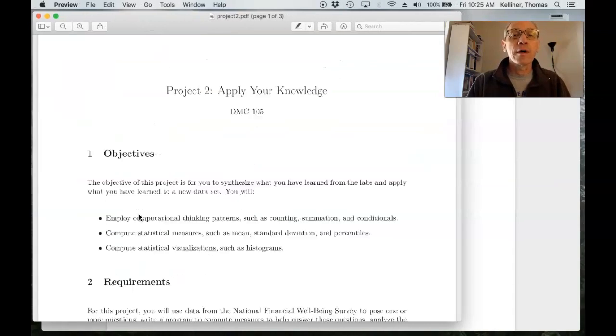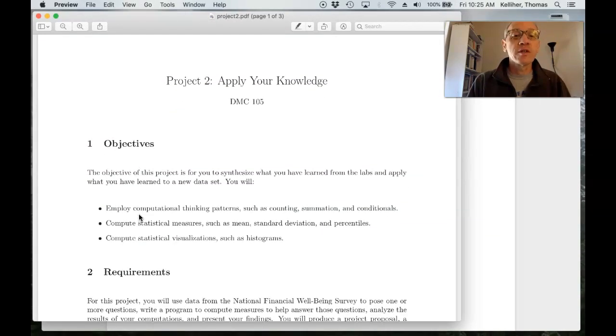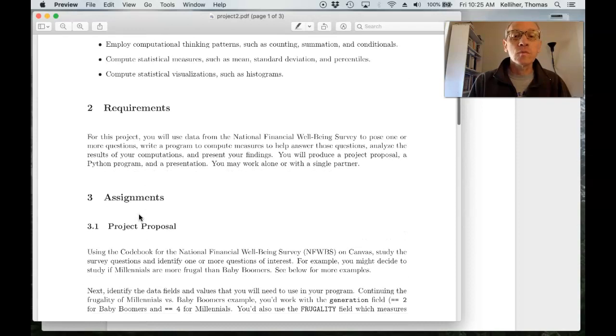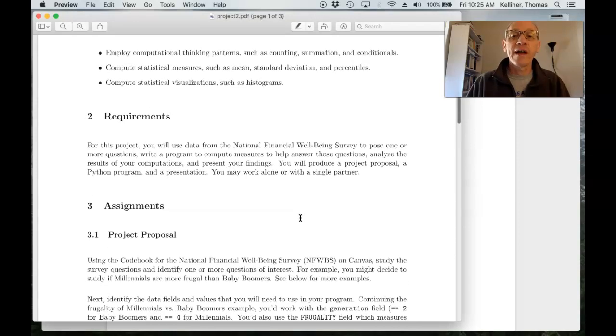Okay, so here's the project handout. We're working with the National Financial Wellbeing Survey. This was a national survey that was given broadly across the United States to survey people on their feelings of financial well-being.